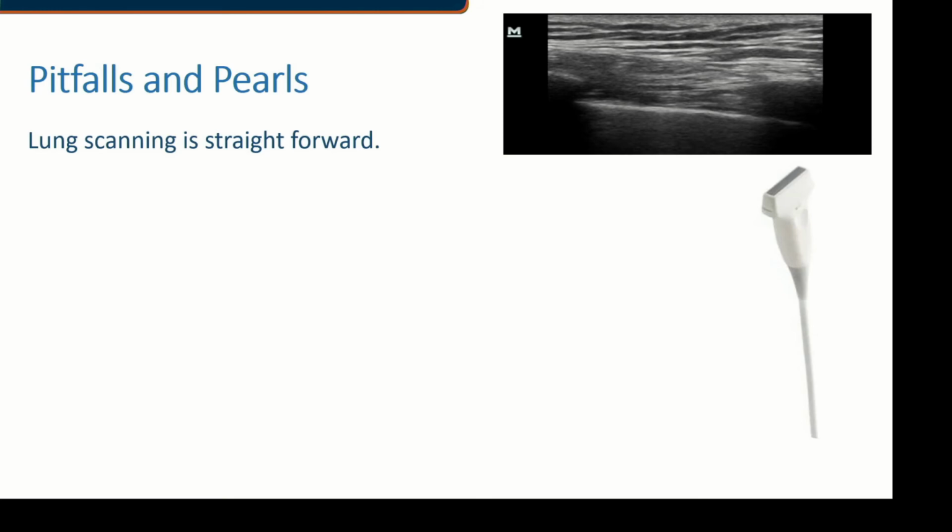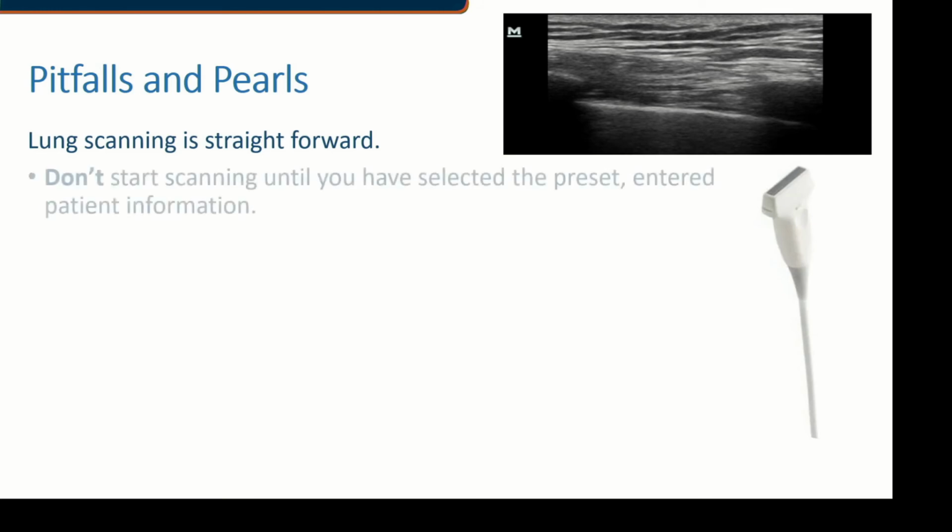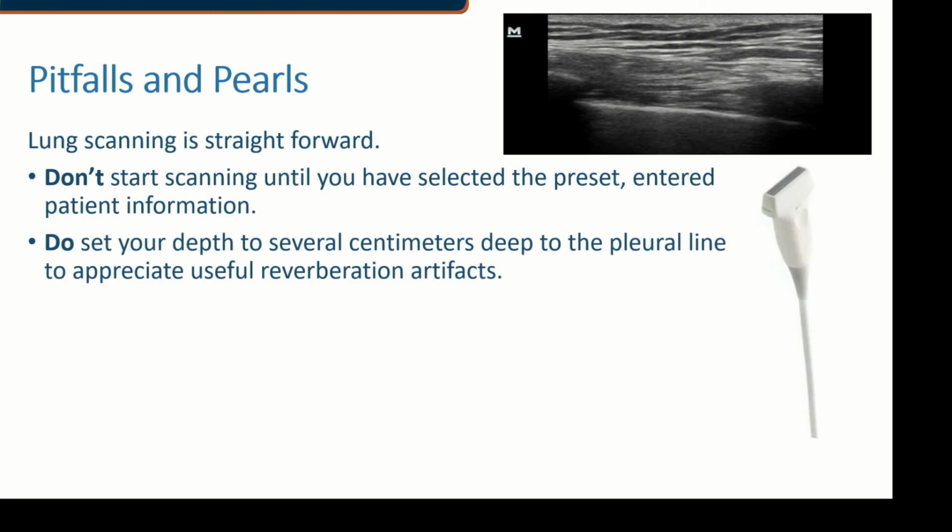Actually, lung scanning is pretty straightforward once you understand the general concepts. And so, as usual, don't start scanning till you get all your presets and patient information in there, because documentation has to be done in a habitual way. And also make sure that your depth is set, and this is the linear probe, so that you're at least deep enough to appreciate the reverberation artifacts.